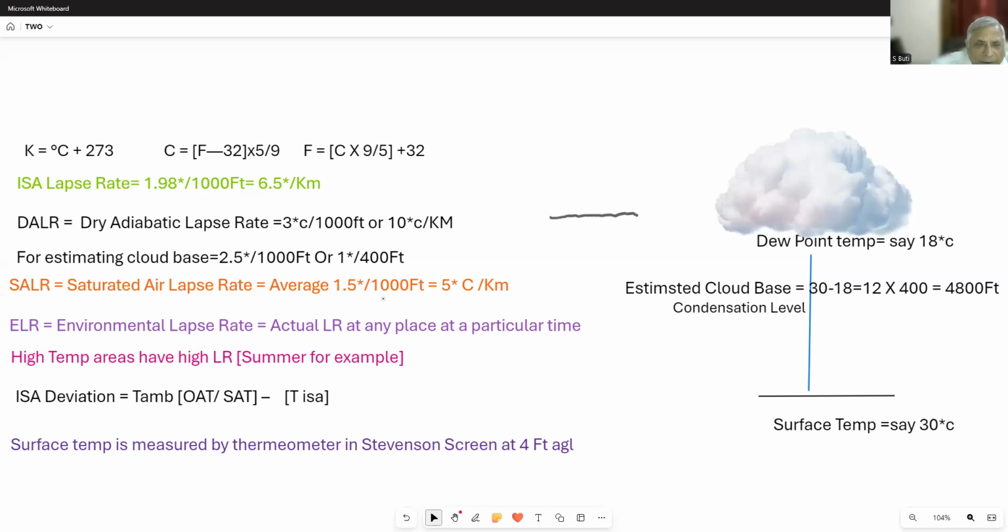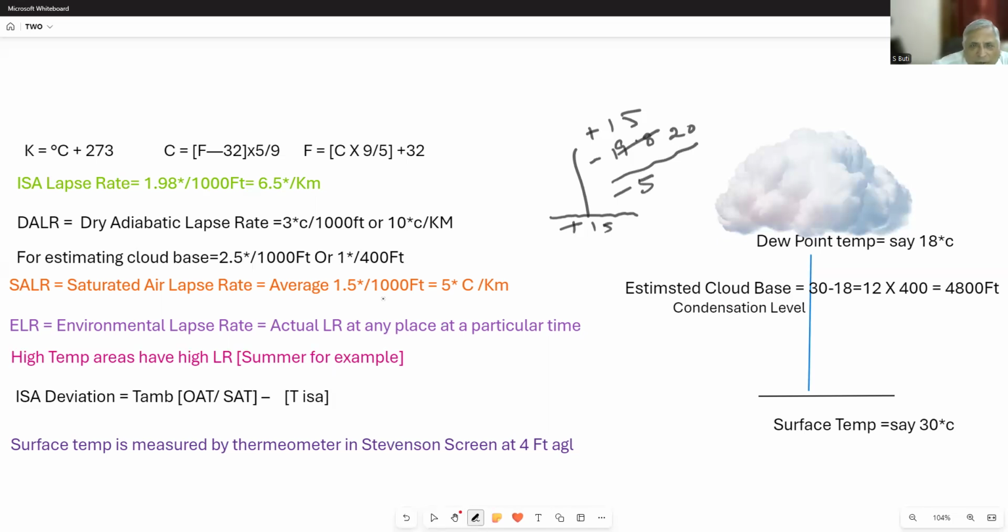In the ISA, surface level or mean sea level temperature should be plus 15, and at 10,000 feet it will be plus 15 minus a fall of 1.98 times 10, so 19.8, or we use a value of approximately 2 degrees, so it becomes 20. So I can say at 10,000 feet, ISA temperature should be minus 5.